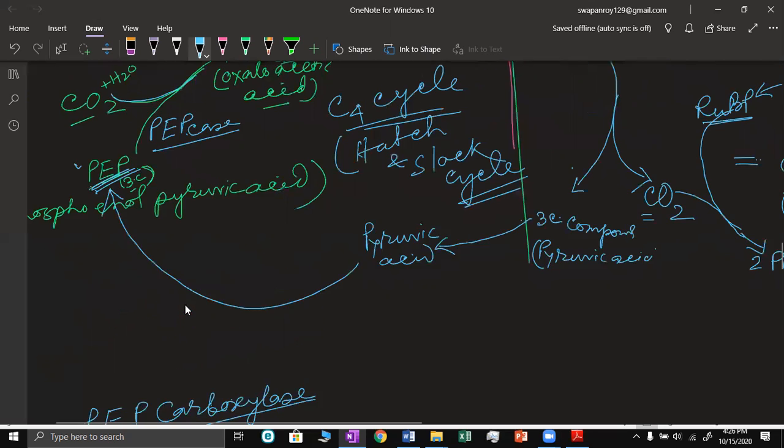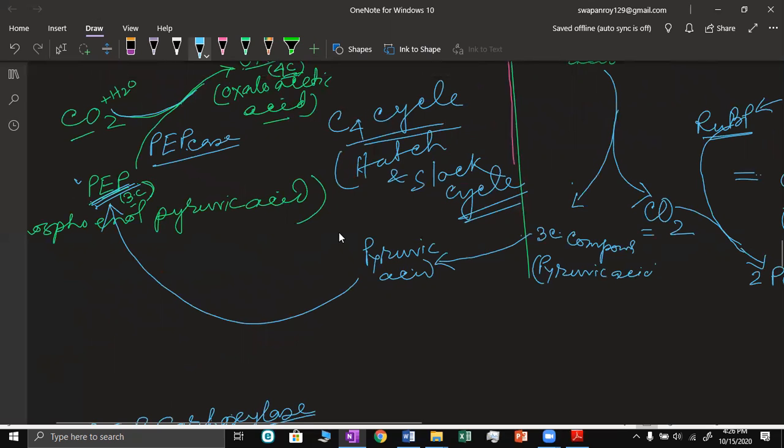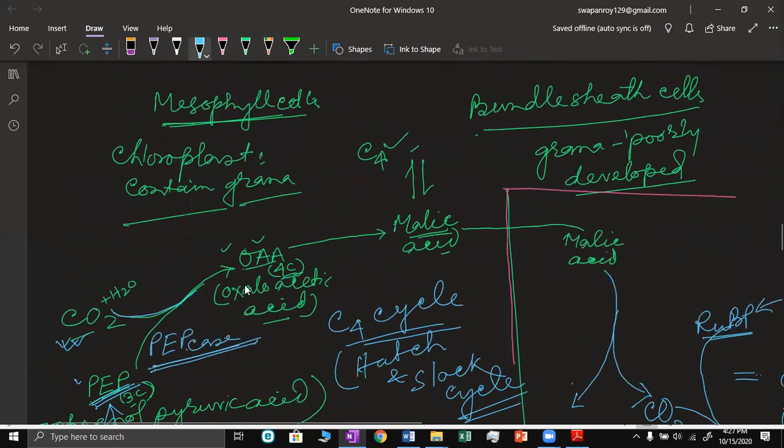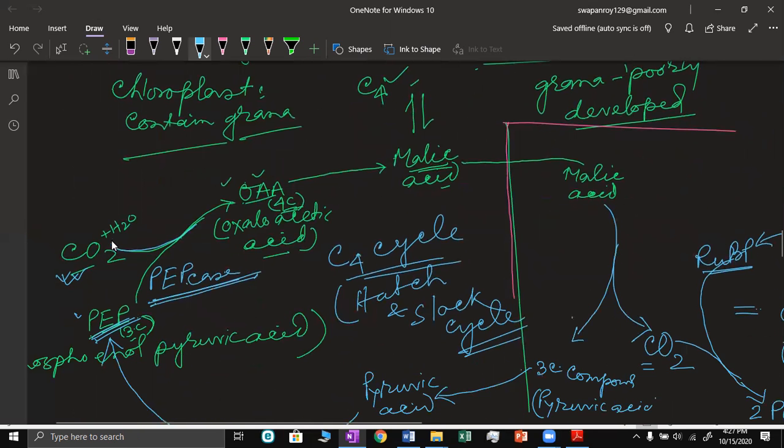Whatever amount of oxygen is here, this will not support oxygen absorption. It will help in carbon dioxide absorption. So carbon dioxide is passed to the Calvin cycle.